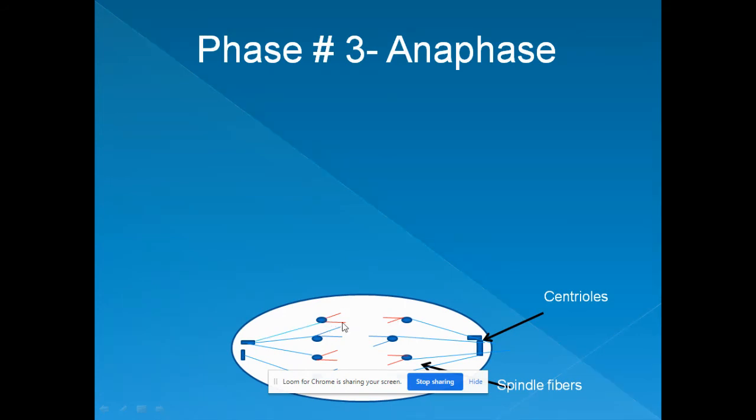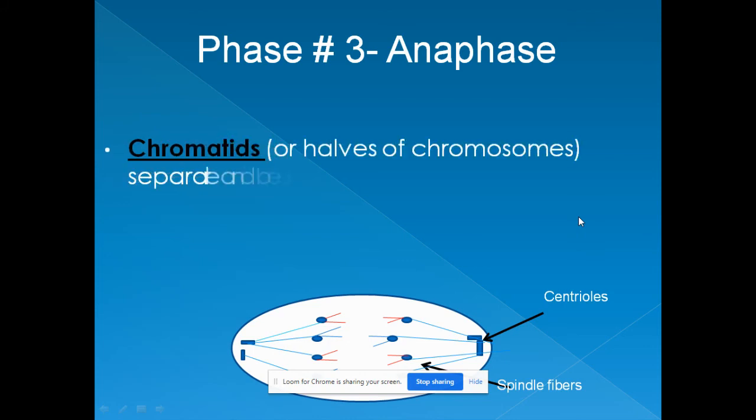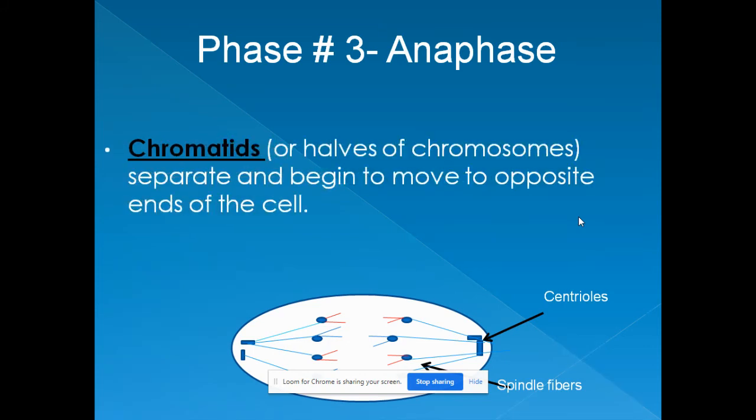Remember, they are copies of each other. That's what has happened during the interphase. So now the cell that acquires this information on the DNA has actually the same information as this one because it's a copy of each other. All right? Chromatids, or halves of chromosomes, separate and begin to move to opposite ends of the cell.